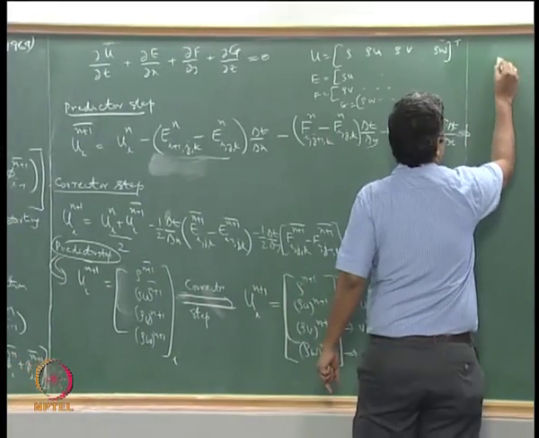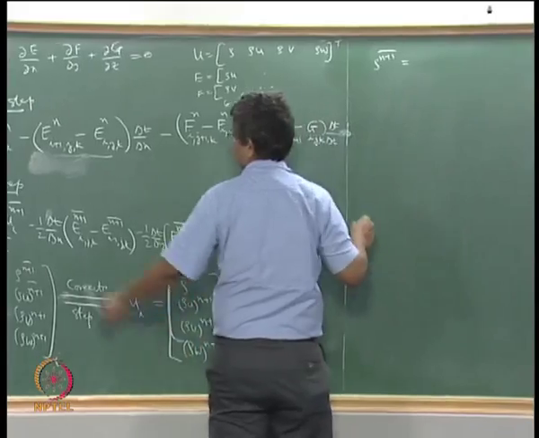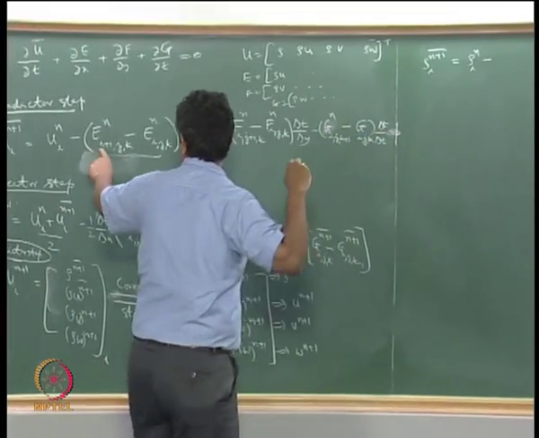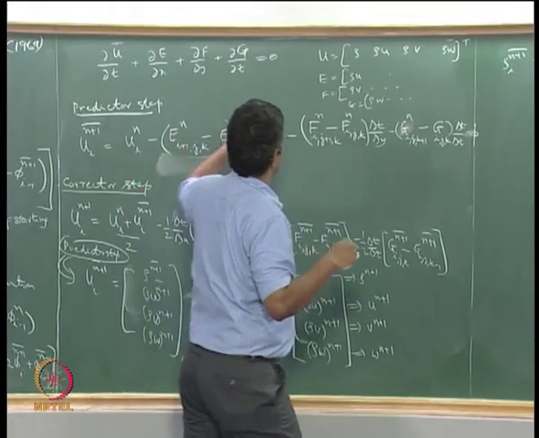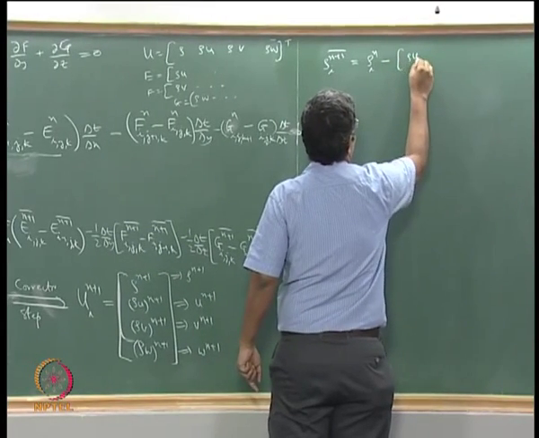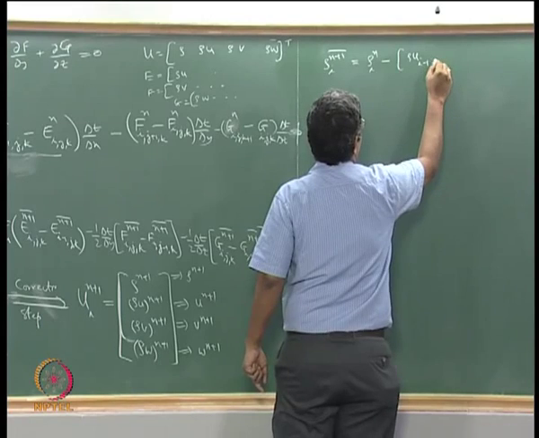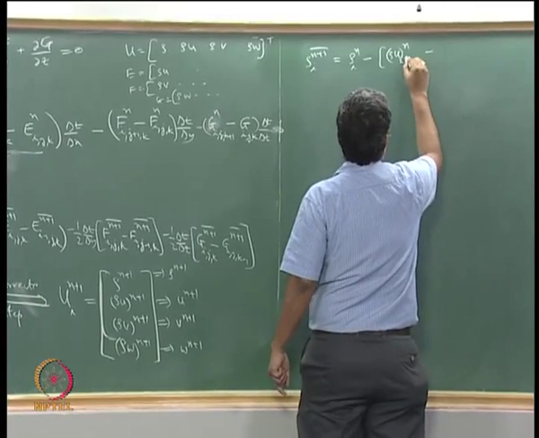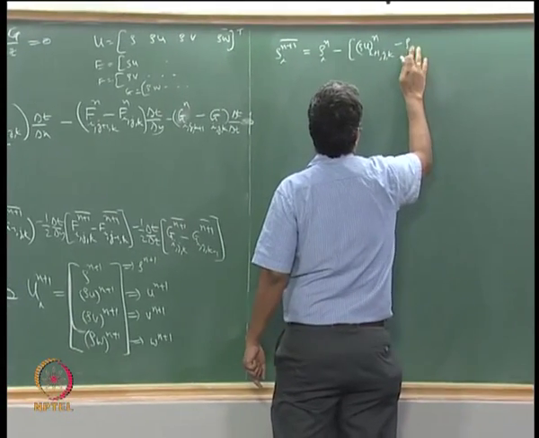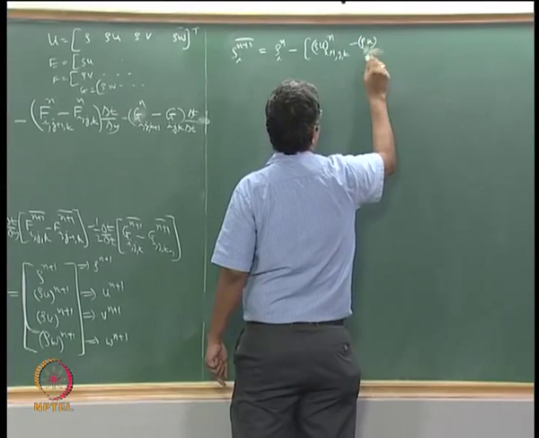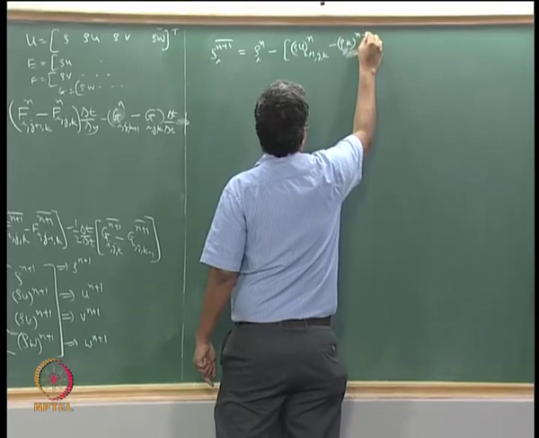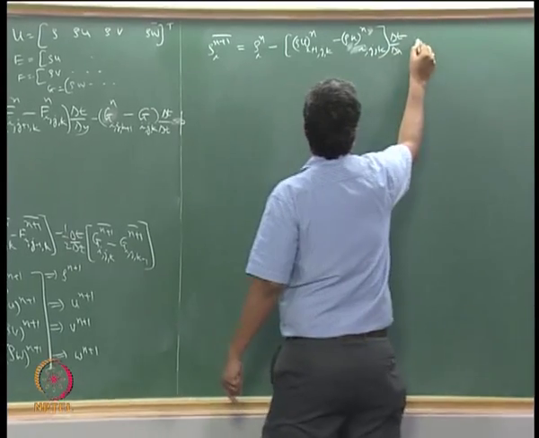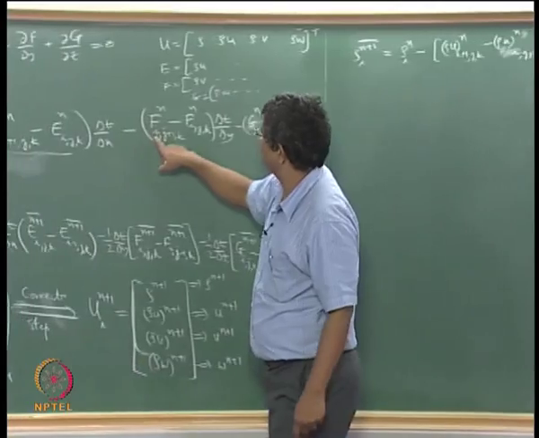So we get rho i n plus 1 bar equal to rho i minus the term that is appearing here, rho u at i plus 1 times delta t by delta x, minus in F we have rho v.